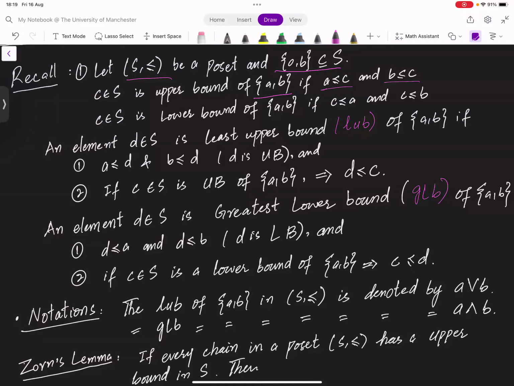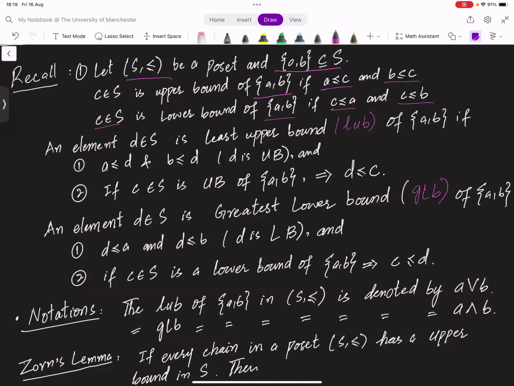And if C is in S, then C is going to be a lower bound of this subset if C is less than or equal to A and C is less than or equal to B. For an upper bound, these two elements should be less than or equal to C, and for a lower bound, C should be less than or equal to A and B.